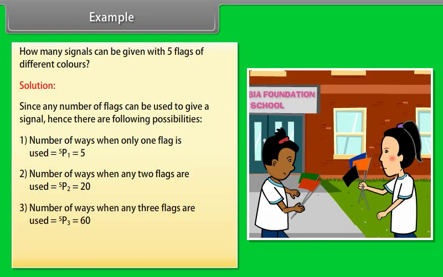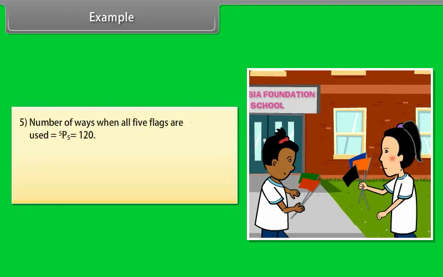Number of ways when any 3 flags are used is equal to 5P3 is equal to 60. 4. Number of ways when any 4 flags are used is equal to 5P4 is equal to 120. 5. Number of ways when all 5 flags are used is equal to 5P5 is equal to 120.